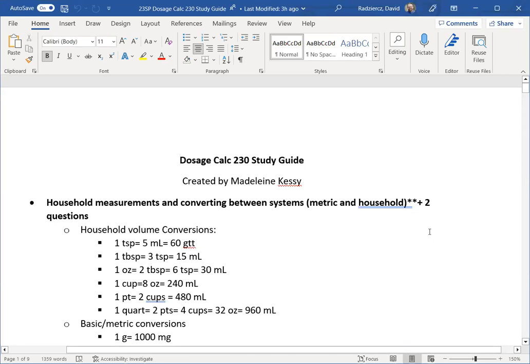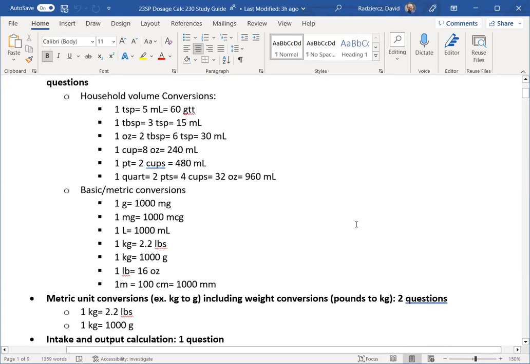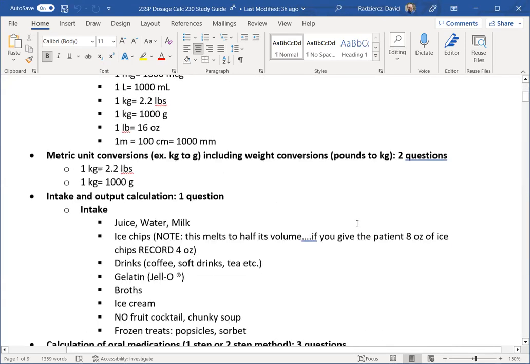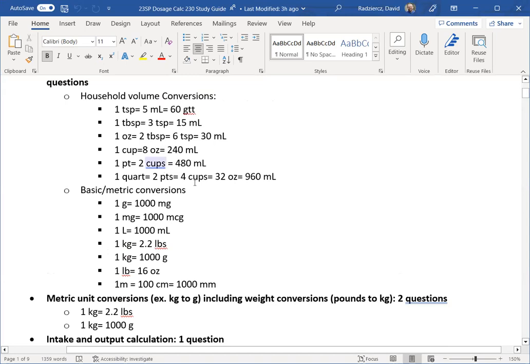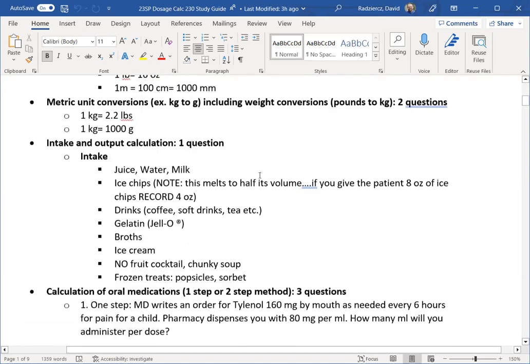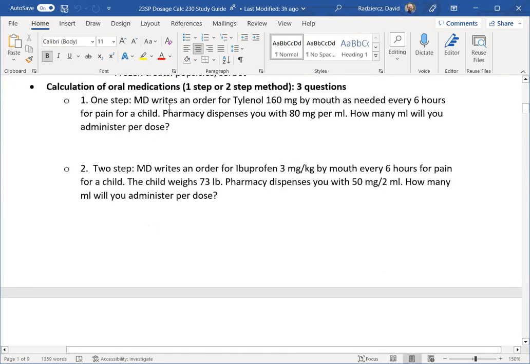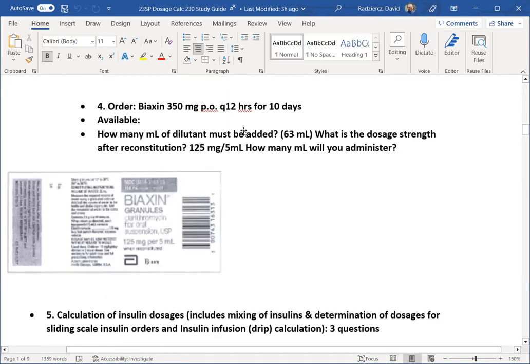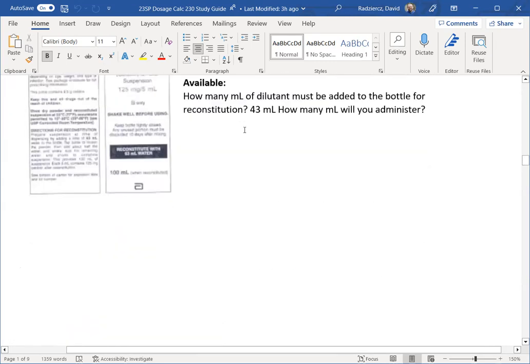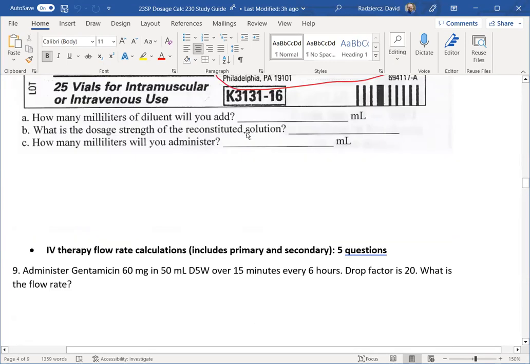Her name is Maddie. This is also good just in case you need to review some of the other conversions that you need to know. She did a good job of breaking down a one or two step method. But I want to show you what you'll see as a heparin protocol question.